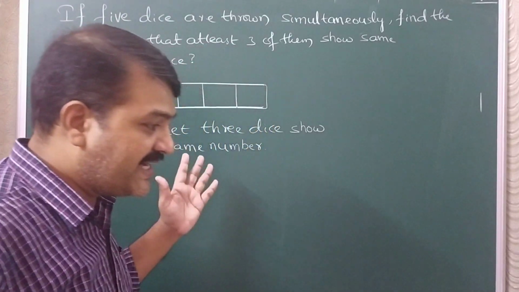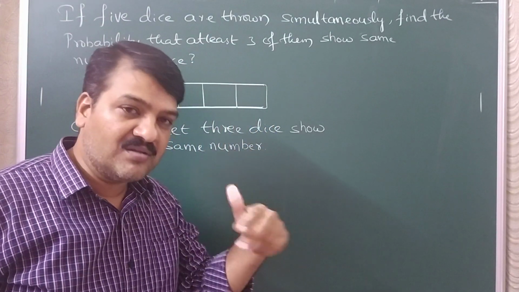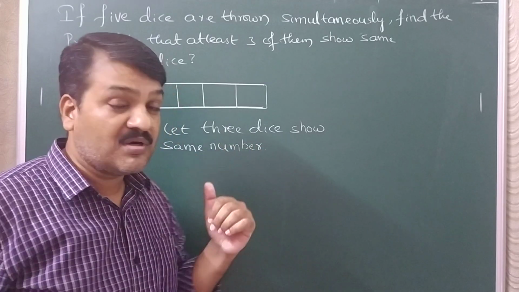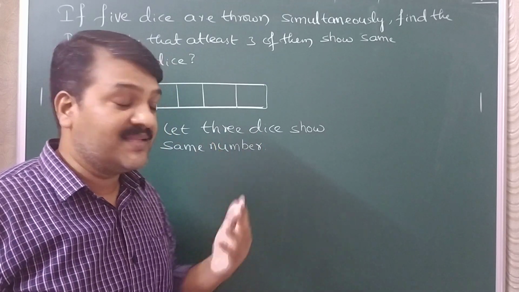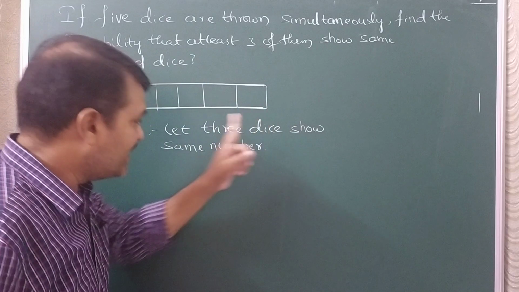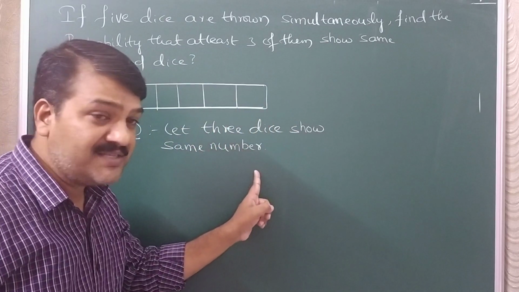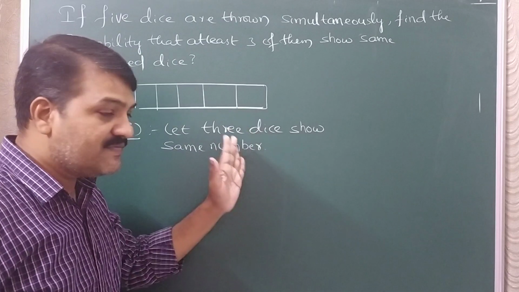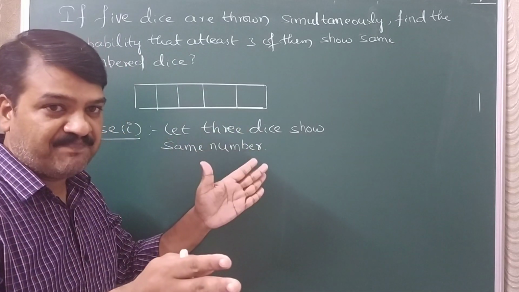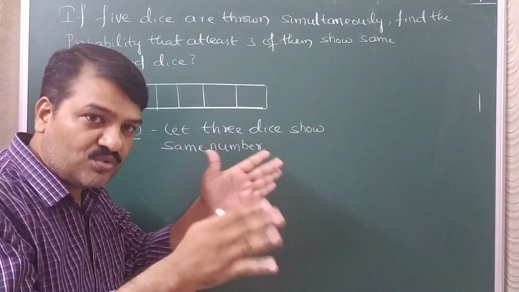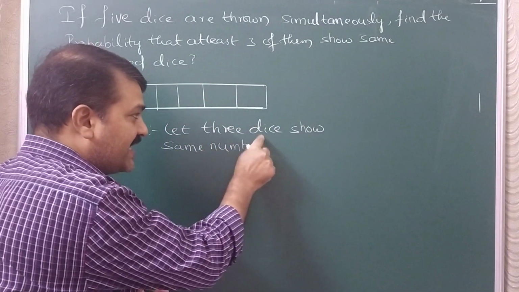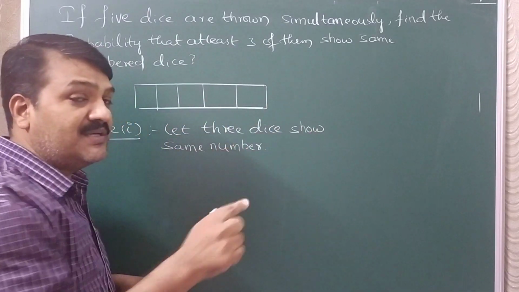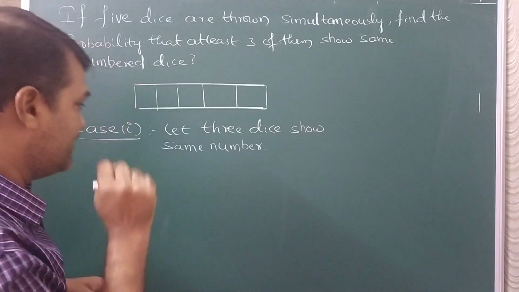All 3 dice can show 1, all 3 dice can show 2, all 3 dice can show 3, like that. 3 dice can show the same number means that has 6 possibilities. That is 3 of them showing 1s, 3 of them showing 2s, like that. 3 dice showing same number has 6 possibilities.